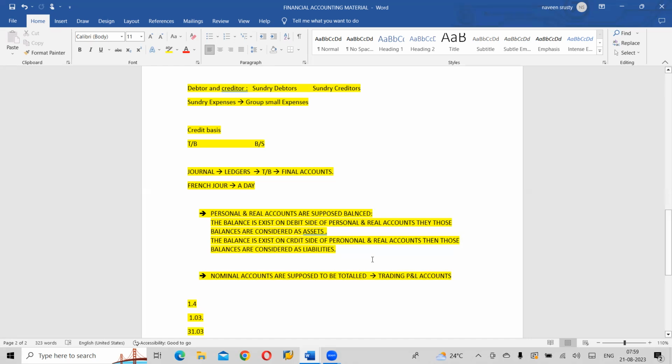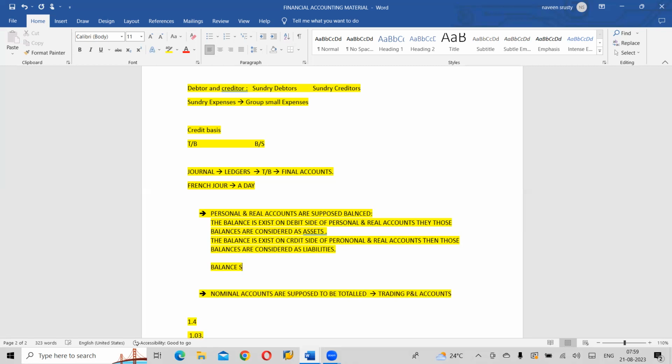Whatever assets and liabilities you are getting come from your personal and real account balances. So the balances of personal and real accounts will be in that particular sheet. That is the reason we call it a balance sheet.